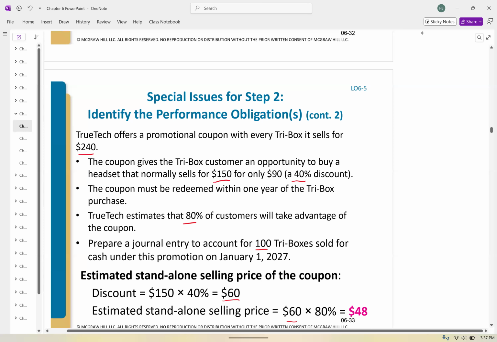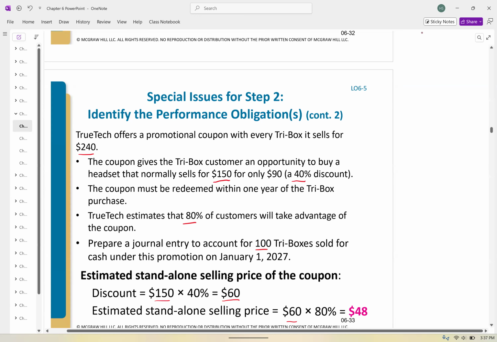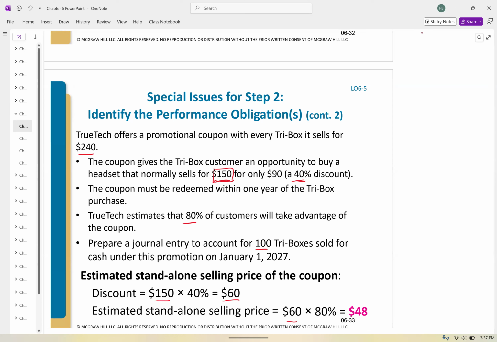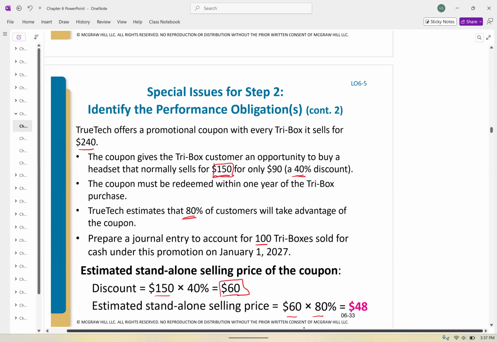All right, so just so you know where these numbers are coming from, right here, this discount is 150. That came from right there. Multiplied times the 40% gives us $60. Okay. Then we're taking the $60 and multiplying that times 80% because 80% of the customers is what they are expecting to take advantage of that.